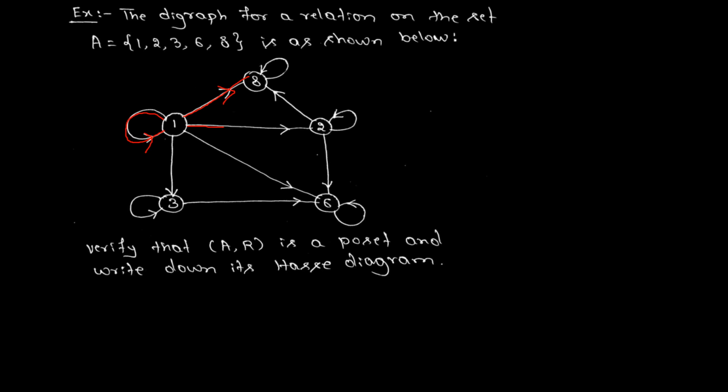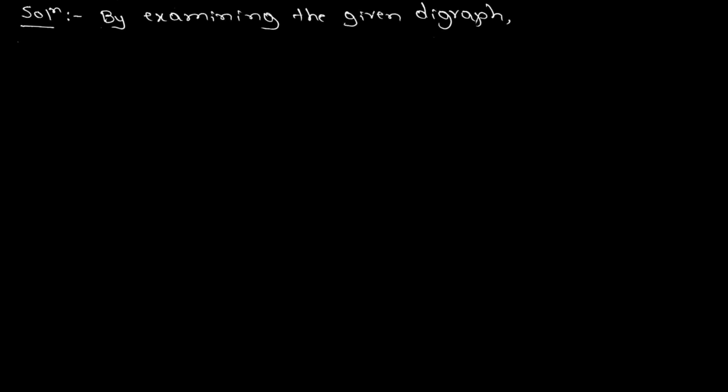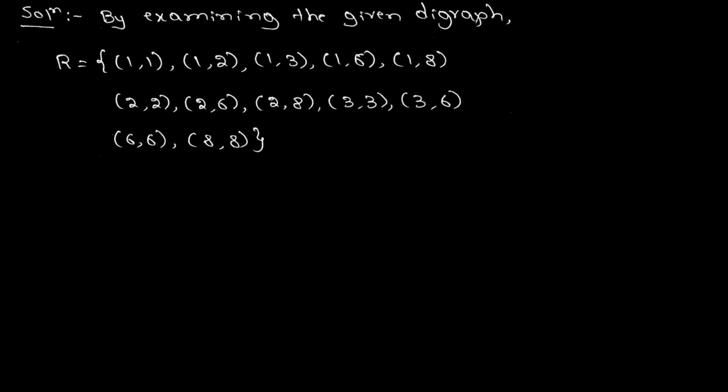We have 1 to 2 an arrow, we write 1 comma 2 in the relation. Similarly, we collect all the ordered pairs with the help of this digraph and write R.